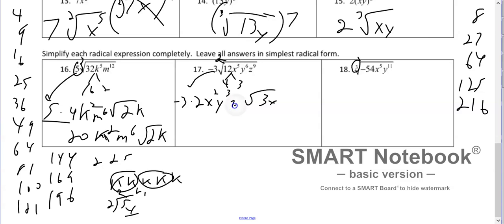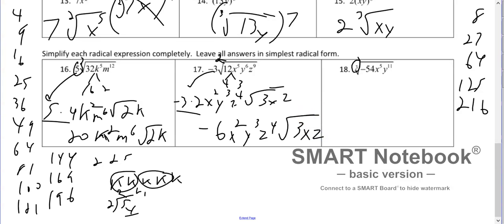Z, 9 divided by 2 is 4 with 1 left over. Clean it up. Negative 6, x squared, y cubed, z to the 4th, times the square root of 3x. Sorry, that's not a squared. I can't read my own writing. That's xz.